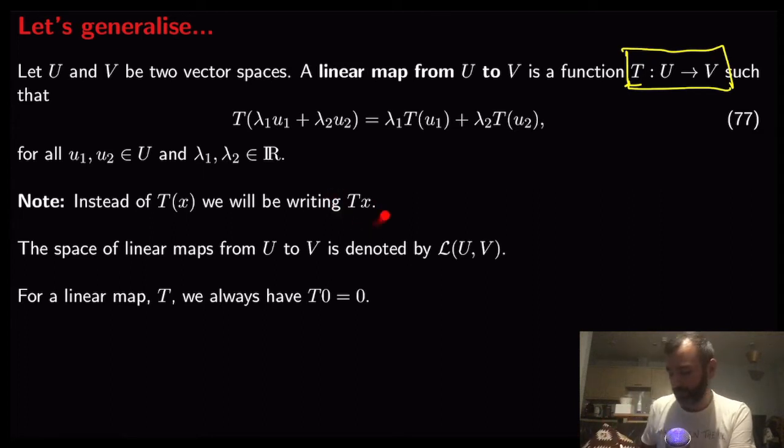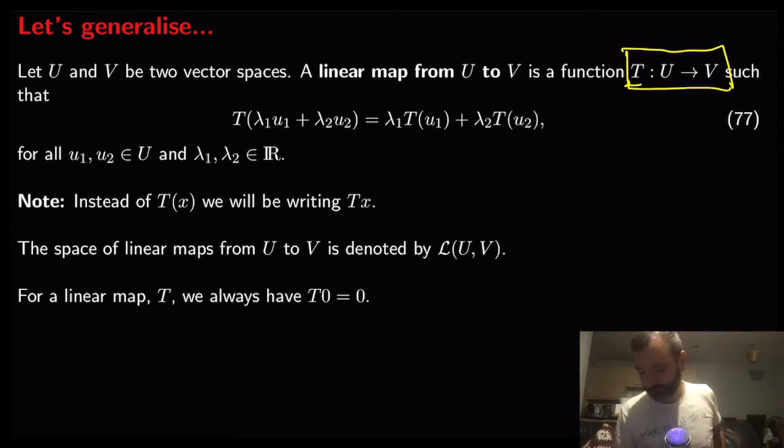So we can think now of T as a matrix when we write it like that, or we can think of T as a function if we like. We can think of it as whatever we like. All right. Now, the space of linear maps from U to V is denoted as L(U, V). And for a linear map, we always have T(0) equal to 0. Or as we say, it maps 0 to 0.